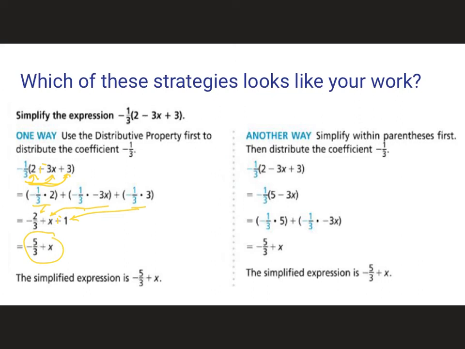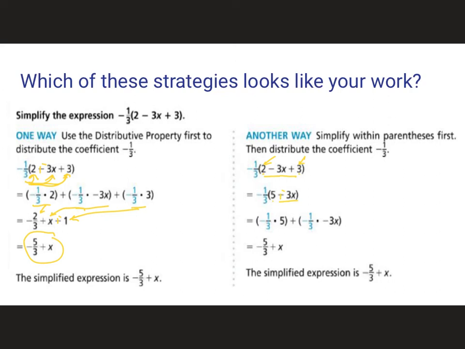The other way is to simplify what's in the parentheses first. Notice that there are like terms, so they could have combined those like terms first and gotten 5, and then kept the subtract 3x. Then change subtract to add, and the second number to its opposite.